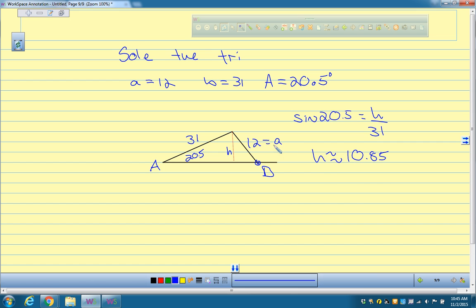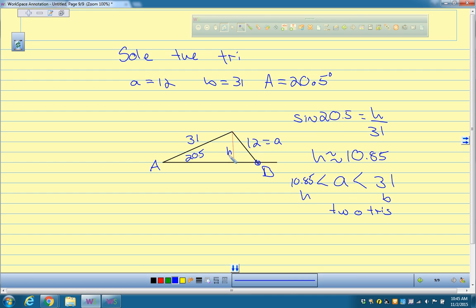So because side A is greater than 10.85, right? Which is the height, and it's less than 31, which is side B. Then I have two triangles. Yes? Okay?